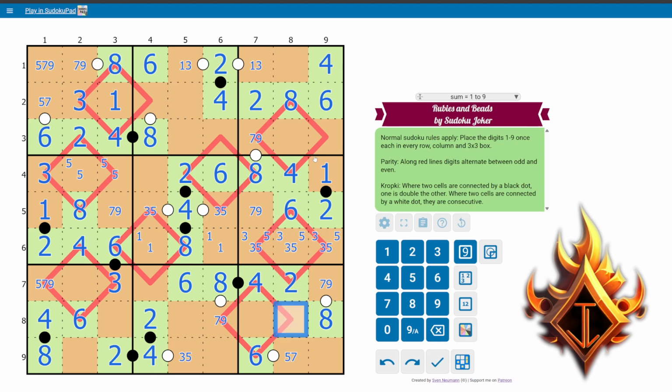1 over here, though, is in the middle. So it's doing this number, X-winging there. Could still be there, though. Unfortunate.